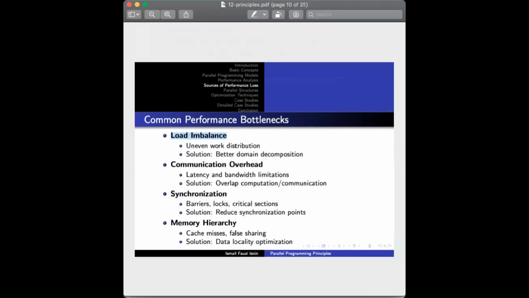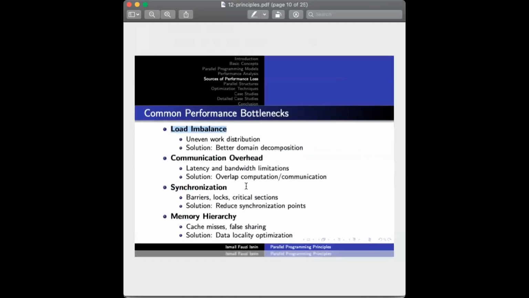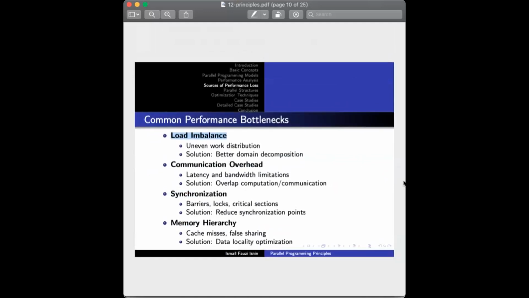The solution is to restructure your software so that you overlap active computation with background communication phases. And the next one is synchronization.